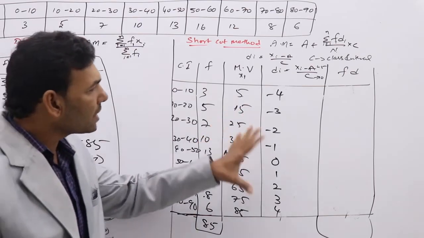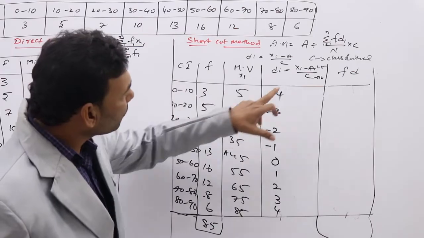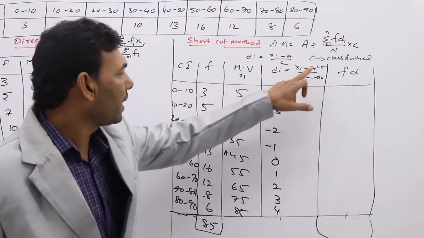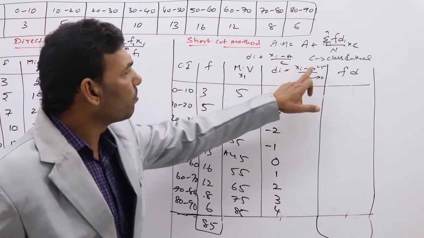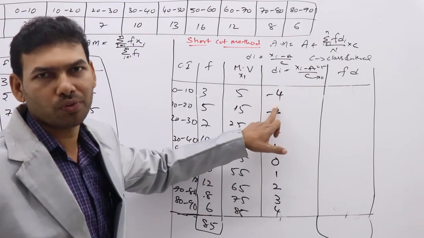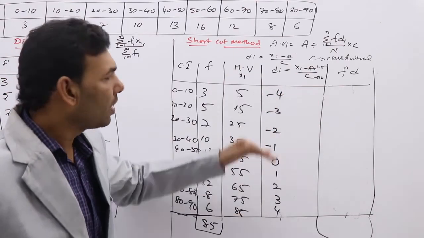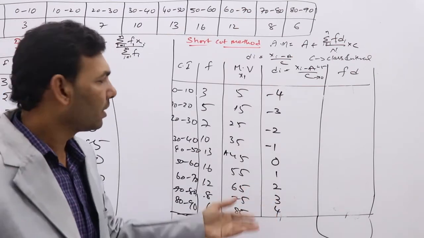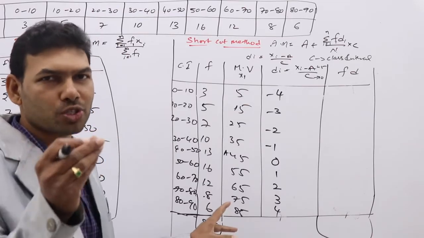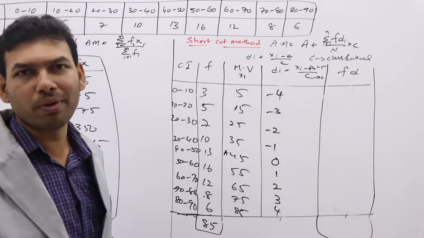This is the easy way of calculating di without using a calculator. If you want, you can apply the formula also: xi 5, a 45, 5 minus 45 by 10, you will get minus 4. Like that every value you will get. So d is 0, 1, 2, 3, 4, minus 1, minus 2, minus 3, minus 4.